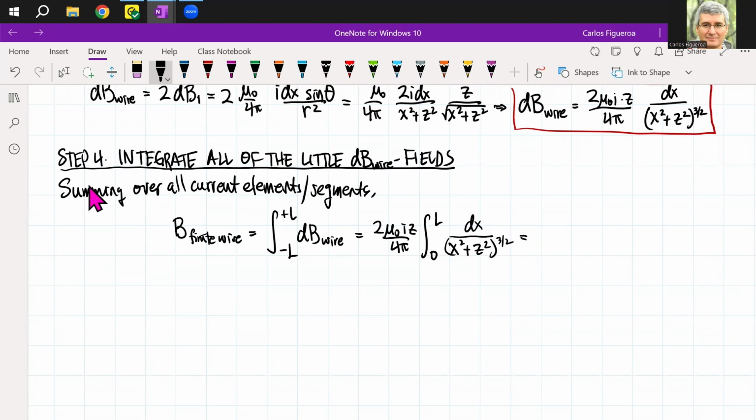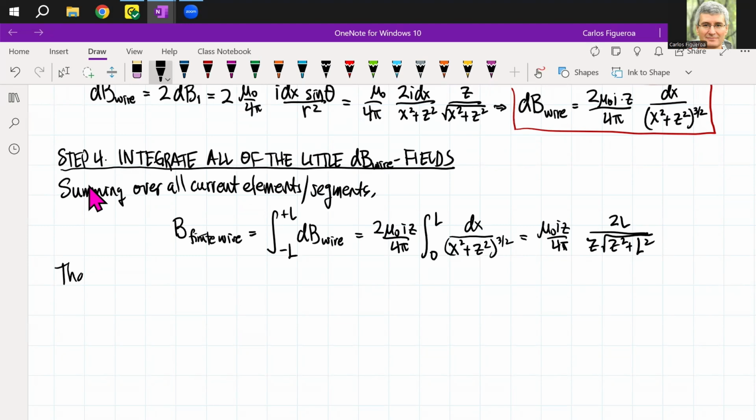And when I compute this, I get an equation that reads mu naught Iz over 4 pi, then z squared plus L squared square root, into 2L.